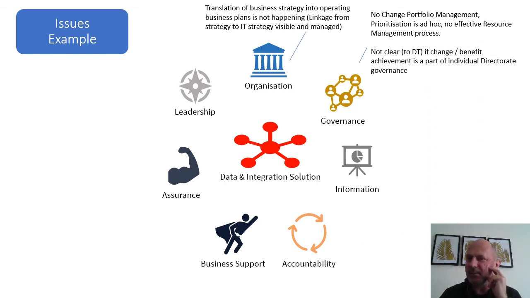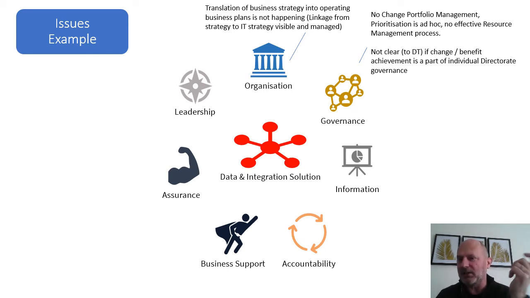A second example, there was a lot of change, but there was no independently overseen and led change portfolio. Prioritization across these matters was ad hoc. The collective resource management process to deploy resource between business as usual and the change items was a little bit sporadic.